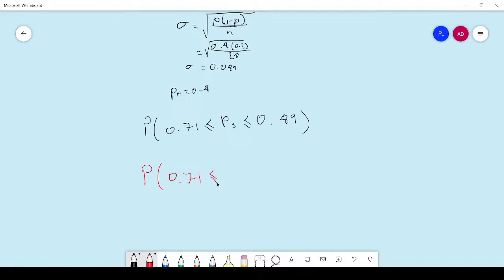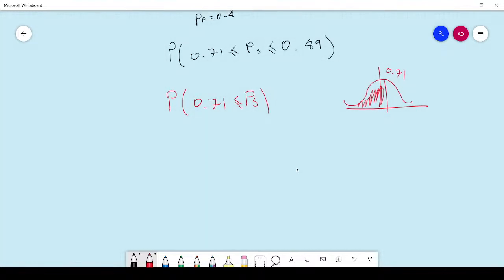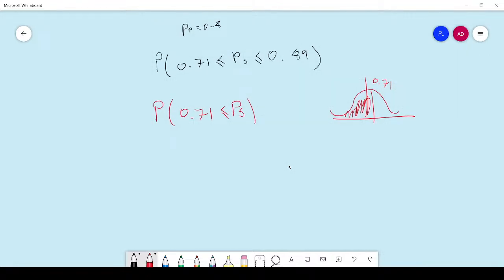So let's do the probability for 0.71 first. Right, so that's something like this. Let me just double check.